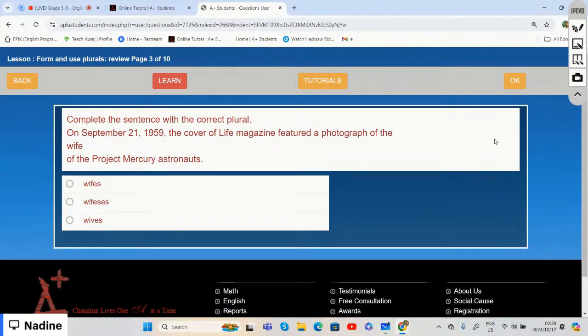The next one says on September 21, 1959, the cover of Life magazine featured a photograph of the wife of the Project Mercury astronauts. Wife. What is the plural of wife? Is it wives with an S, option one, option two, or wives, option three? Which one is correct?